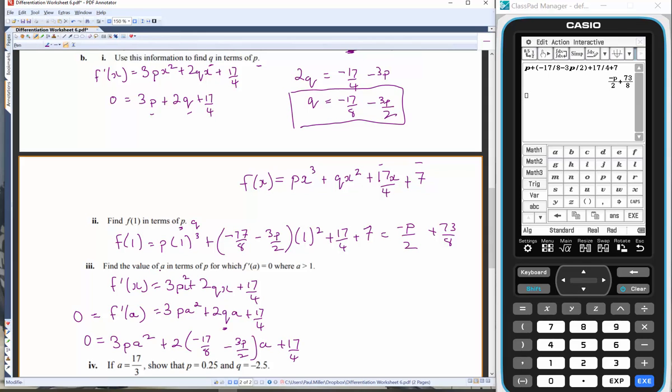So find the value of a in terms of p. A and p are the only two variables. Good, we're in business.